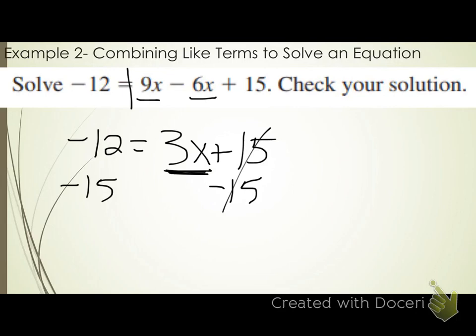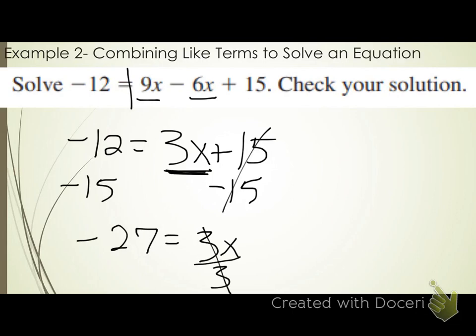Negative 12 minus 15 gives me what? Negative 27. Is my term containing the variable now by itself? Yes, it is. There's nothing else with it. So now I can work on getting the variable by itself. Raise your hand if you can tell me how to get x by itself here. Divide by 3.